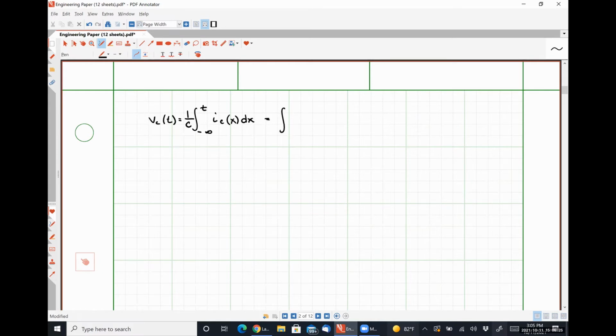And we can further rewrite this as the integral from some time t naught, where we know what the capacitor voltage is, to some later point in time t of IC of x dx plus VC at t naught. So this is equation 2.